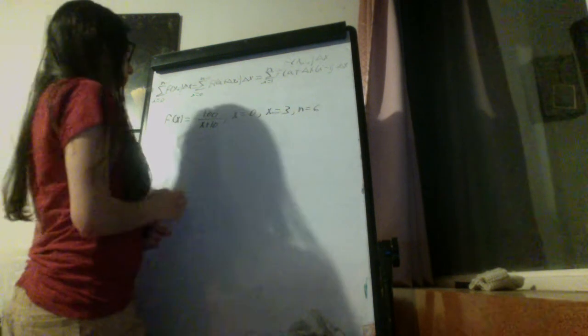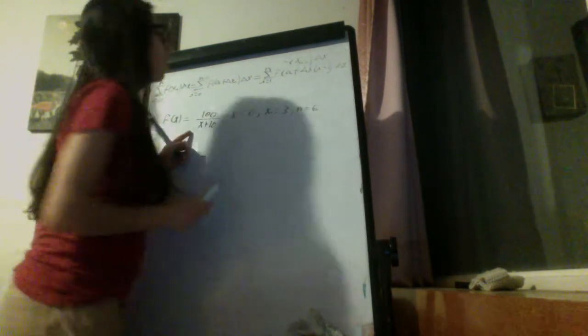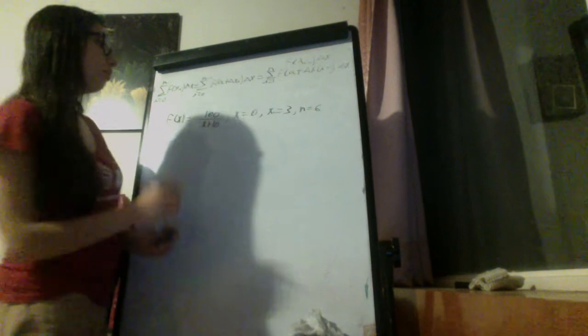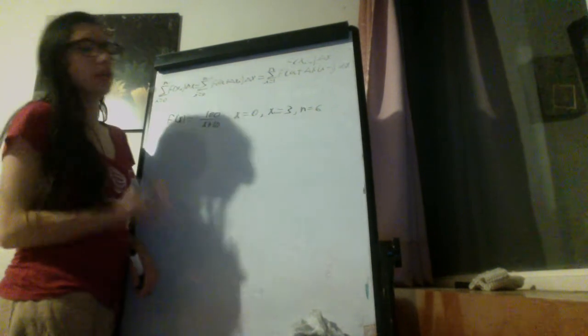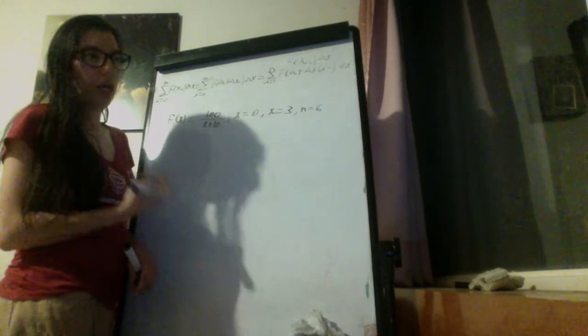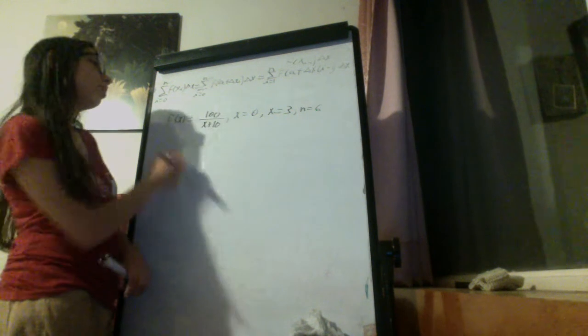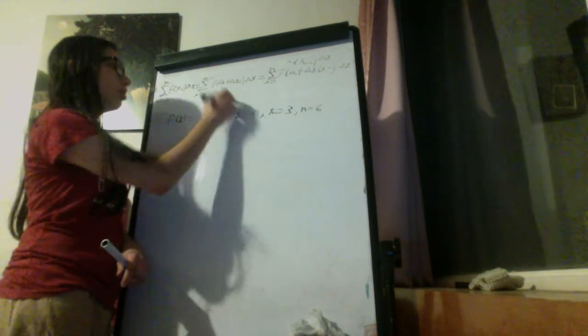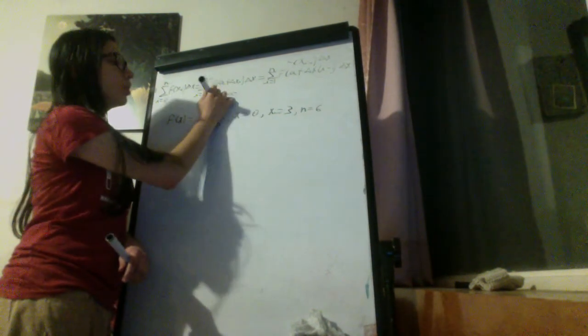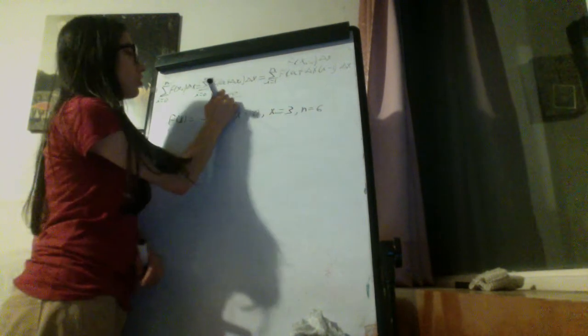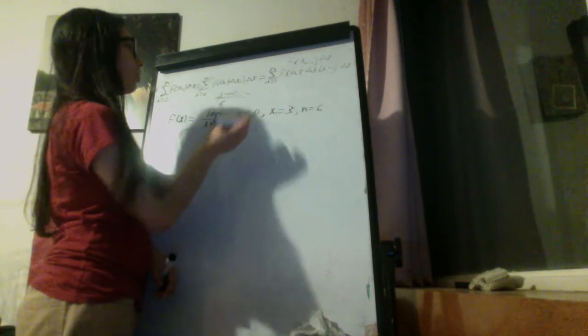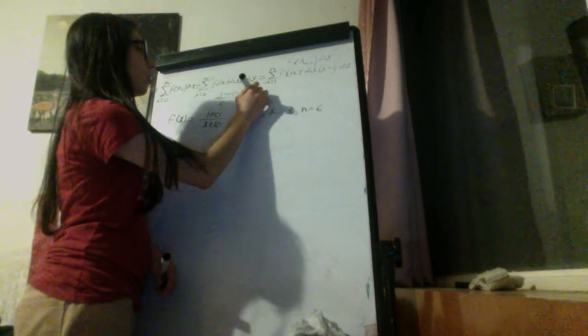Alright, so here, what's delta x? Remember the steps. First delta x, next x sub i, f of x sub i, and sigma notation. So delta x is 3 minus 0 divided by 6. Delta x is the width of each rectangle, so this is 1/2.